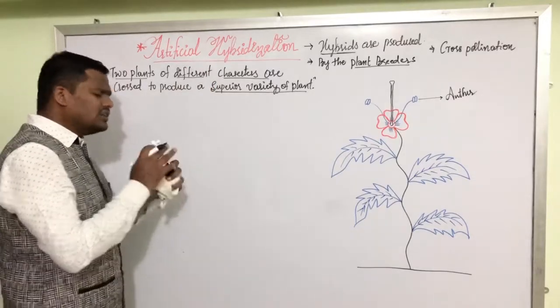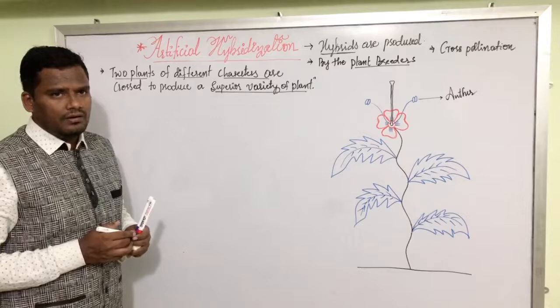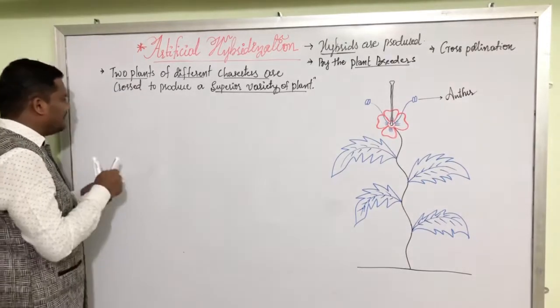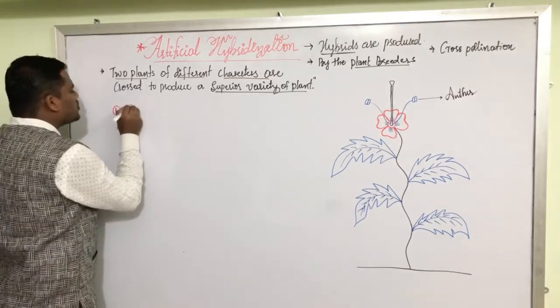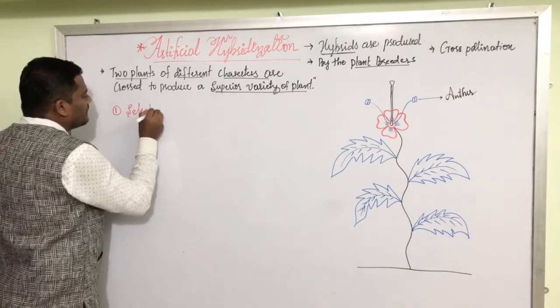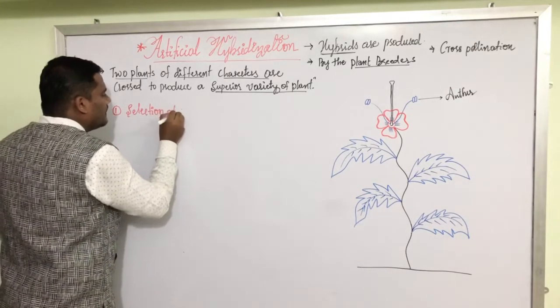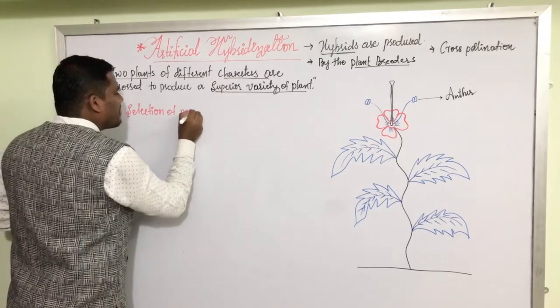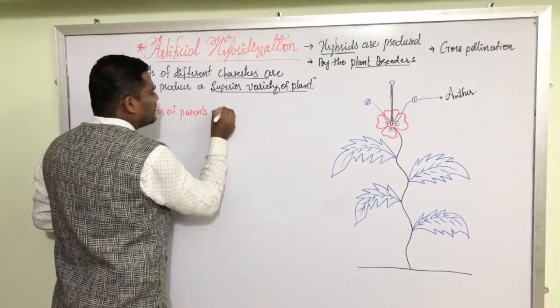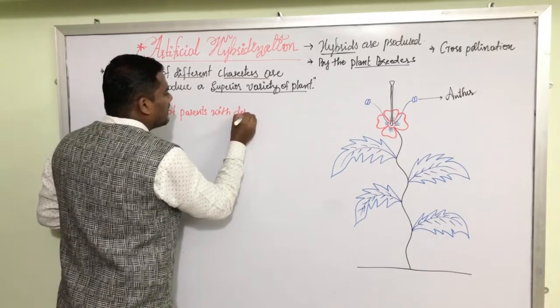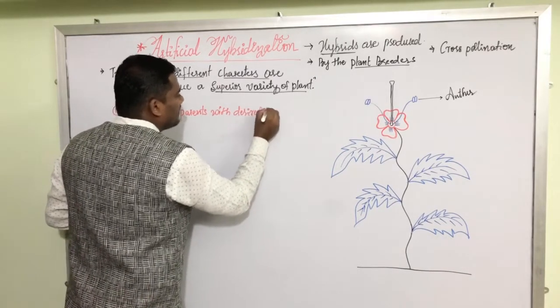Now, how is this hybridization done? The first step of hybridization is selection of parents with desired characters.